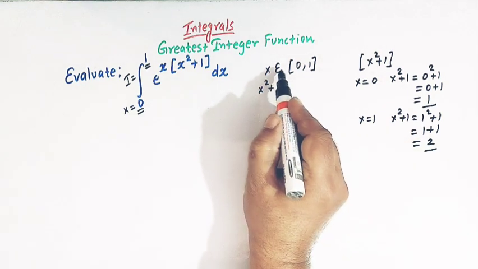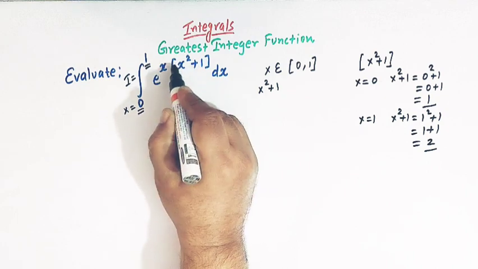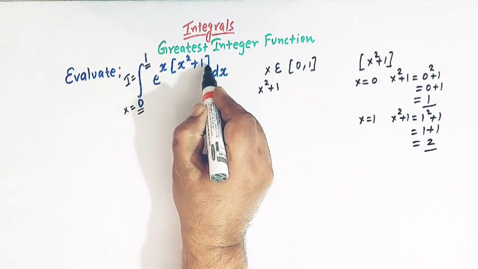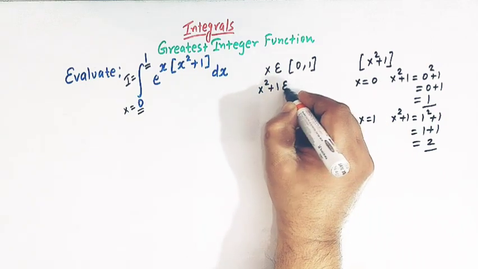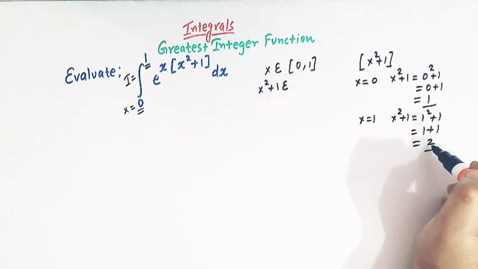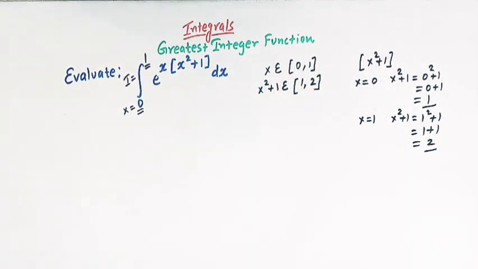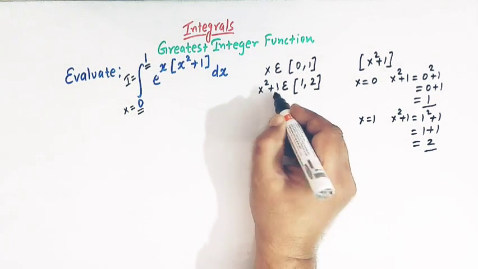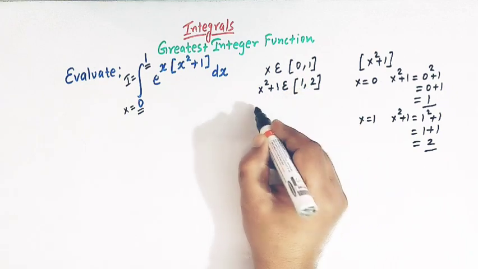So when x goes from 0 to 1, the quantity inside the greatest integer function, that is x square plus 1, varies from 1 to 2. This is the first step. So x square plus 1 belongs to the interval 1 comma 2.